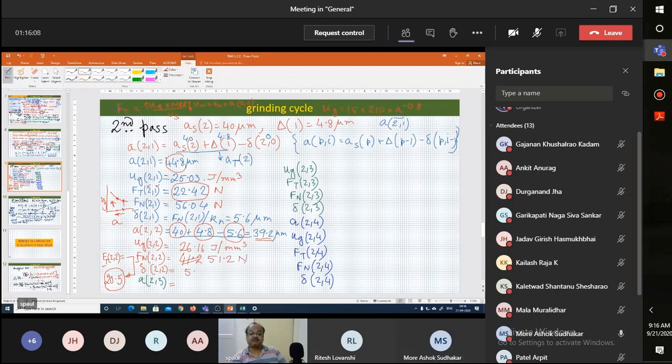So this is 5.1 micron. This was 5.6 micron, now it has become 5.1 micron. So this would become 40 plus 4.8 minus 5.1.